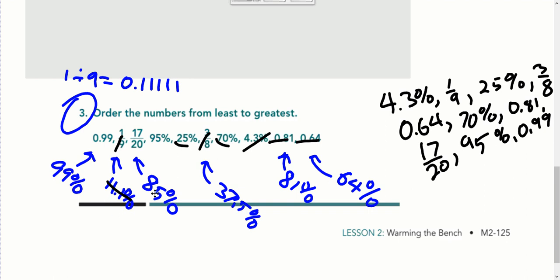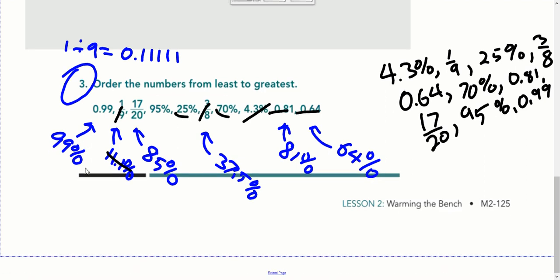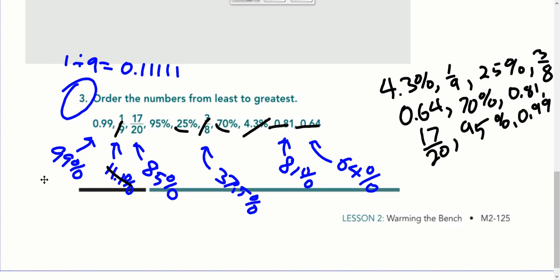And we continue to do that with other numbers. And for decimals, we just move them up over 2 digits. And then we put them in order.